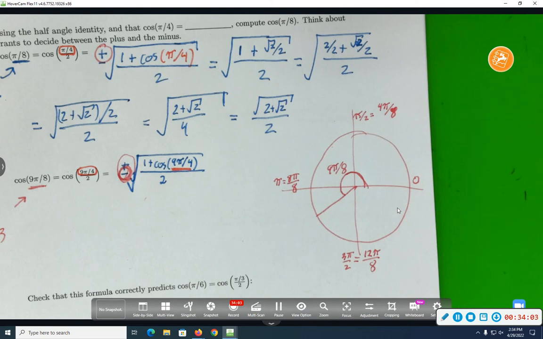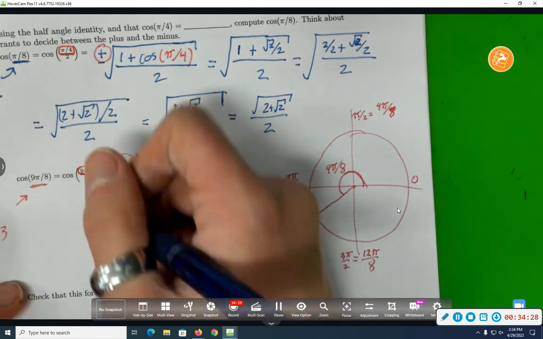If you want to think of 9 pi over 4 as an angle between 0 and 2 pi, what angle would you call it? Pi over 4. So 9 pi over 4 has the same trig functions as pi over 4. So what's the cosine of pi over 4? Root 2 over 2. So what's the cosine of 9 pi over 4? Root 2 over 2.